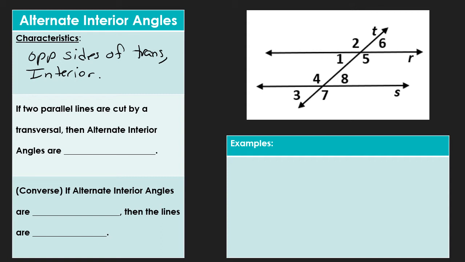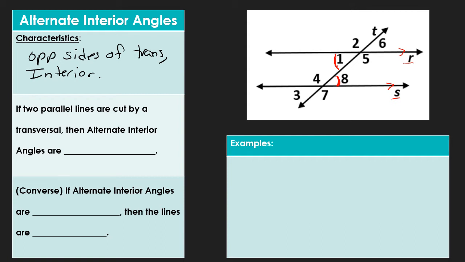So, if we look at this picture and we look at line R and line S, and I'm going to tell you that they are parallel for this example, we have alternate interior angles, angle 1 and angle 8. You have to decide if those two angles are congruent or whether they are supplementary.